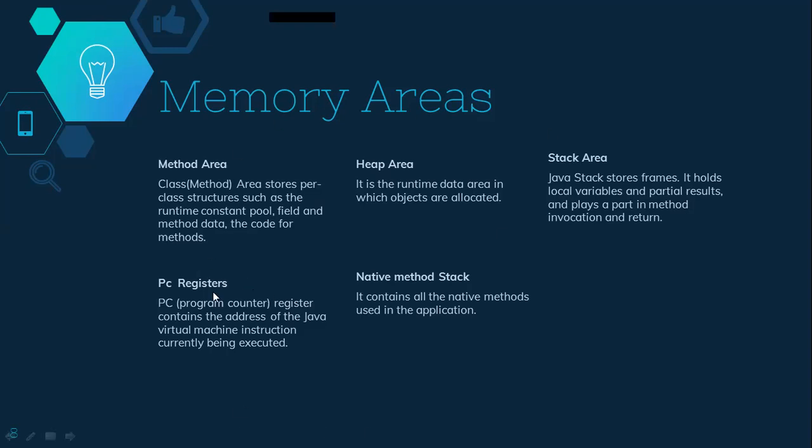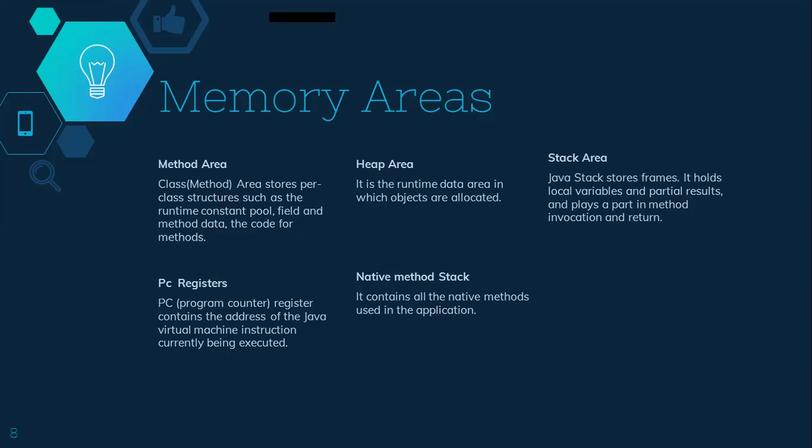If I talk about these five memory areas, the important ones are the method area, heap area, and stack area. The PC registers and native method stack are kind of minor memory areas. Basically we use the method area, heap area, and stack area.